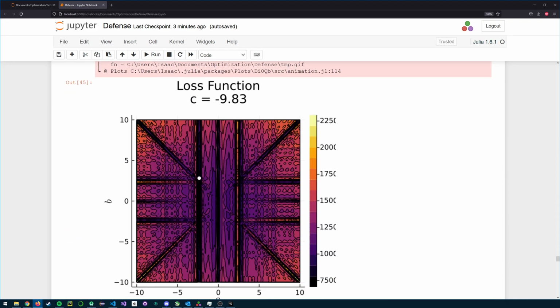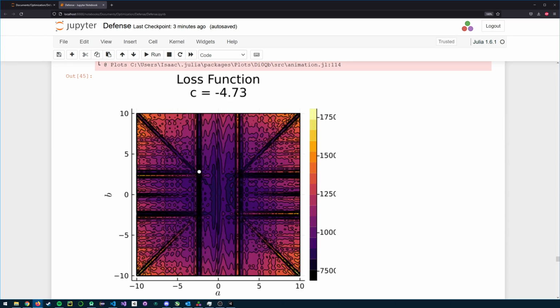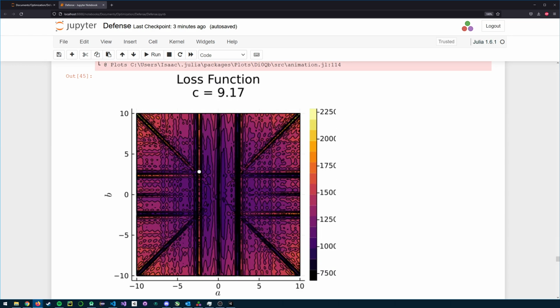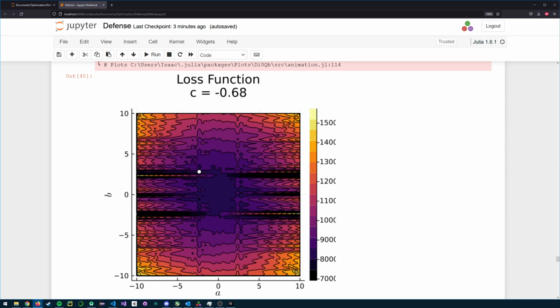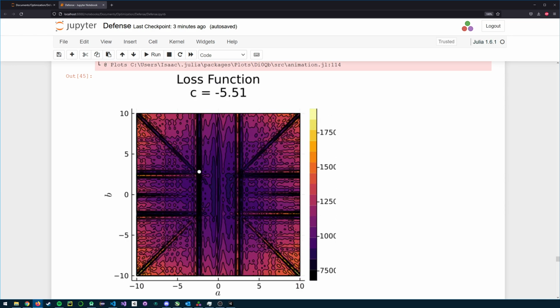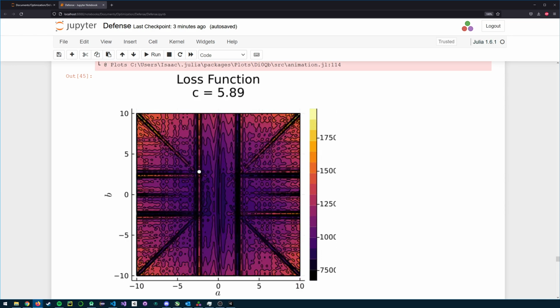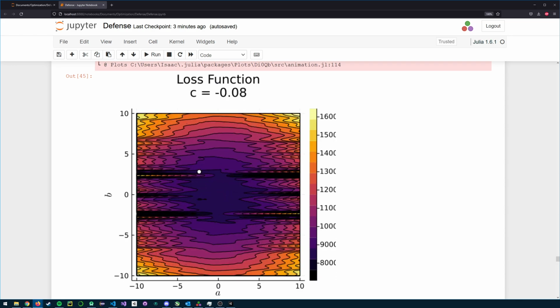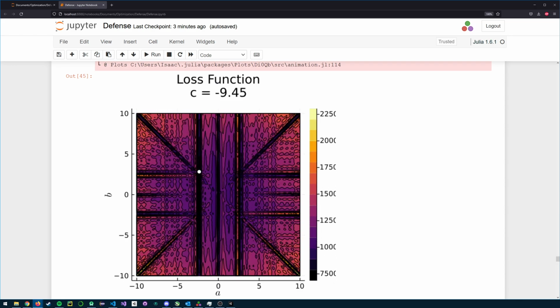So then here's our loss function, and since we have three variables, I'm adjusting C as our third variable dynamically. So you can see kind of what that looks like. C is just oscillating between -10 and 10 there, and that's giving us a picture of our loss function.